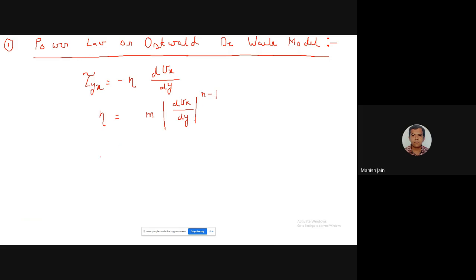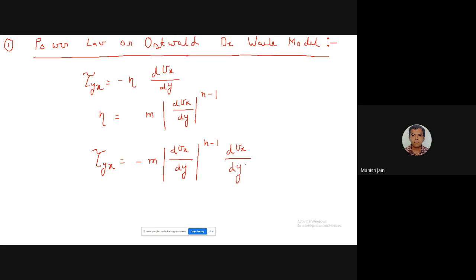Or you can write this equation as tau yx equal to minus m mod dvx by dy to the power n minus 1 times dvx by dy. So this is the most simple model.